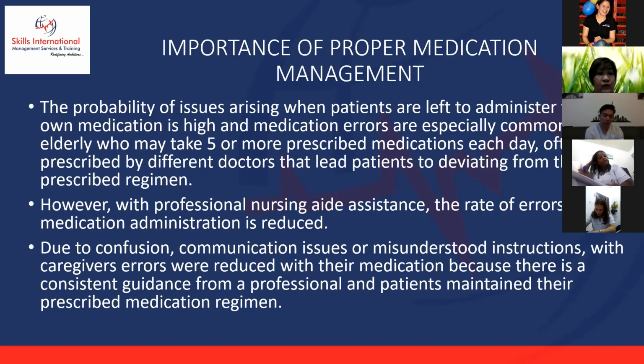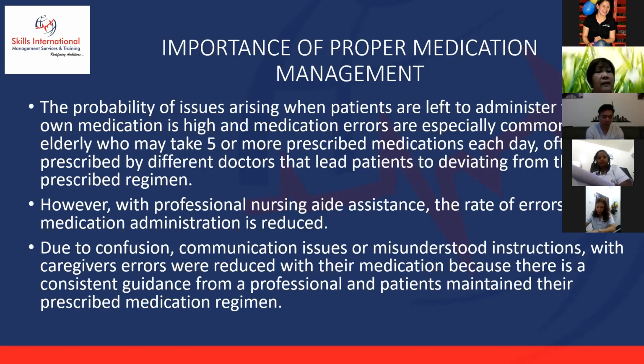So due to confusion, when your patient is already old enough, due to confusion, communication issues, or misunderstanding instructions with caregivers, errors occur. With a nursing aide, errors were reduced because there is consistent guidance from a professional nursing aide, and patients maintain their prescription medication regimen.